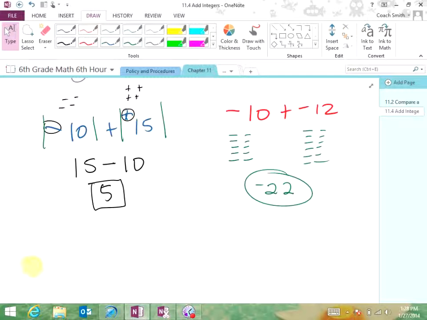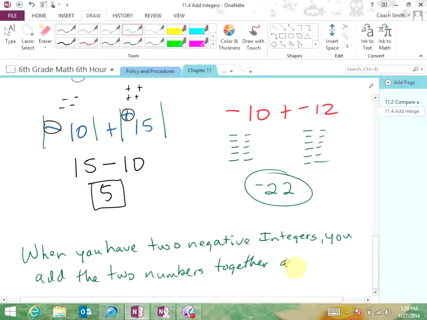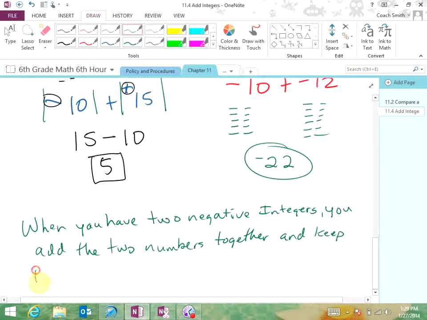So the rule is, when you have two negative integers, you add the two numbers together and keep the negative sign in your answer.